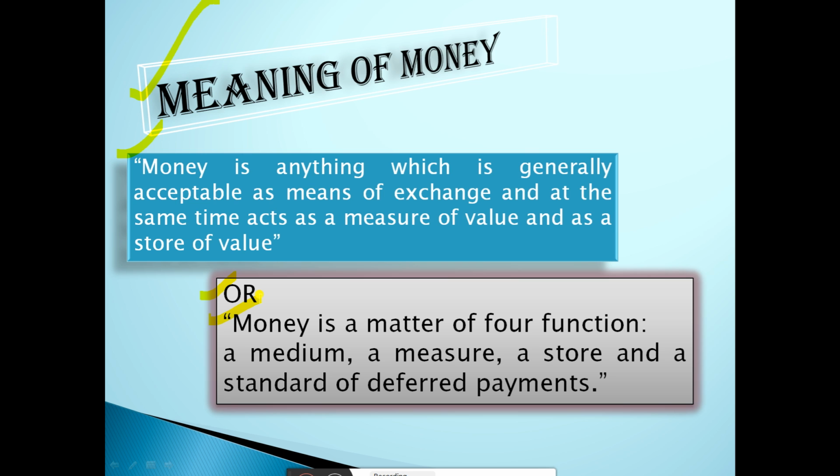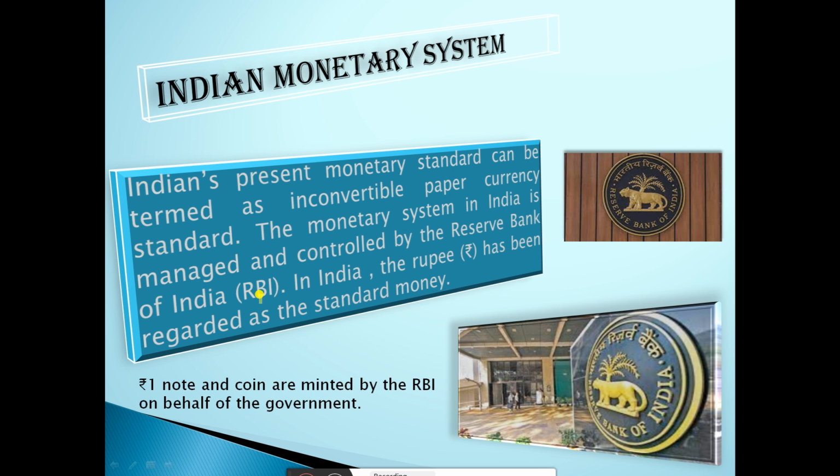After that, next you see our Indian monetary system. Students, you know our Indian monetary system is presently controlled by the RBI. The whole monetary system in India is managed and controlled by the Reserve Bank of India.